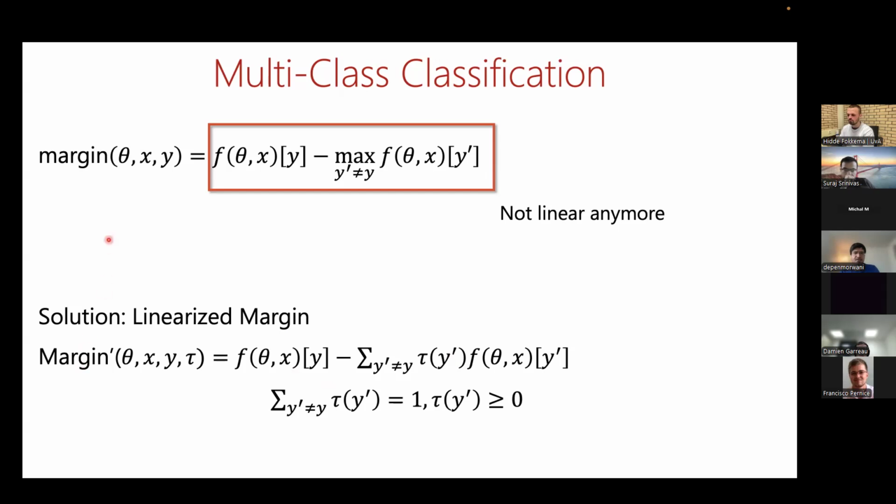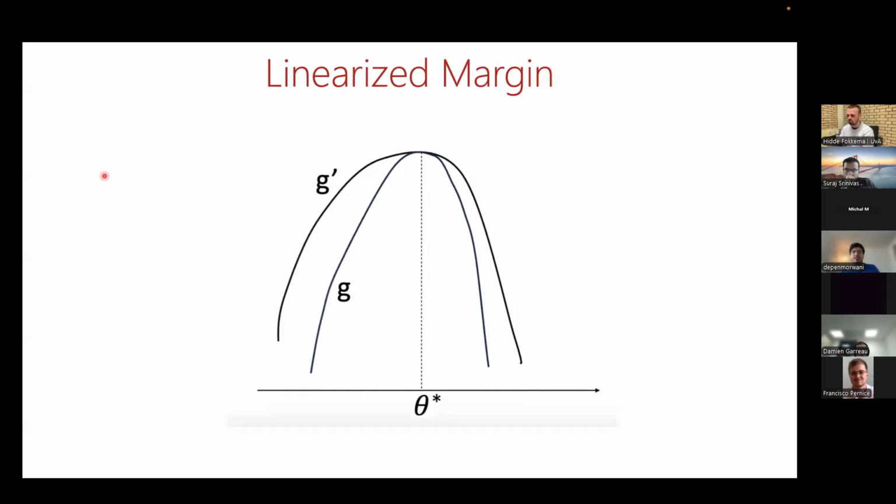So let's consider G prime, which is an upper bound on G. If we can prove that at the place where G prime is maximized, G and G prime are the same, then this is also the maximum of G. So we are going to find the maxima of G prime, then show that at this maxima G prime and G are the same, so this has to be the maxima of G. I hope this makes sense. If it doesn't, please let me know.